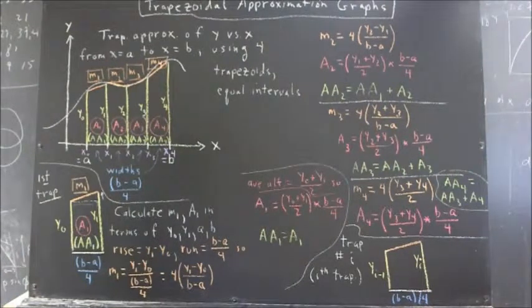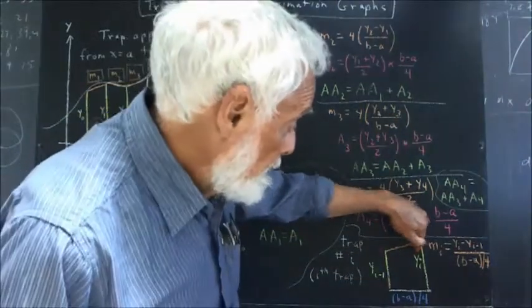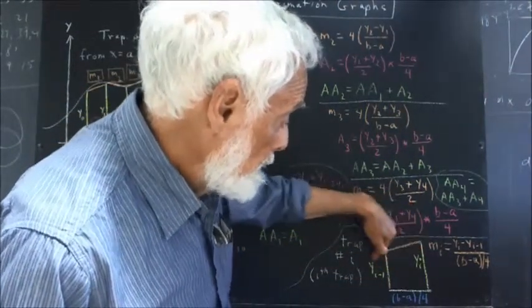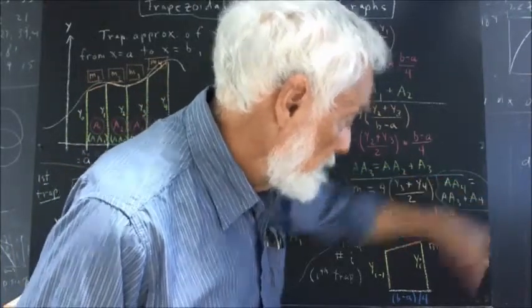Now, how would we write the slope? How would we write the area? Well, the slope is just rise divided by run. The rise now is this minus this, y sub I minus y sub I minus 1. So our numerator is y sub I minus y sub I minus 1.